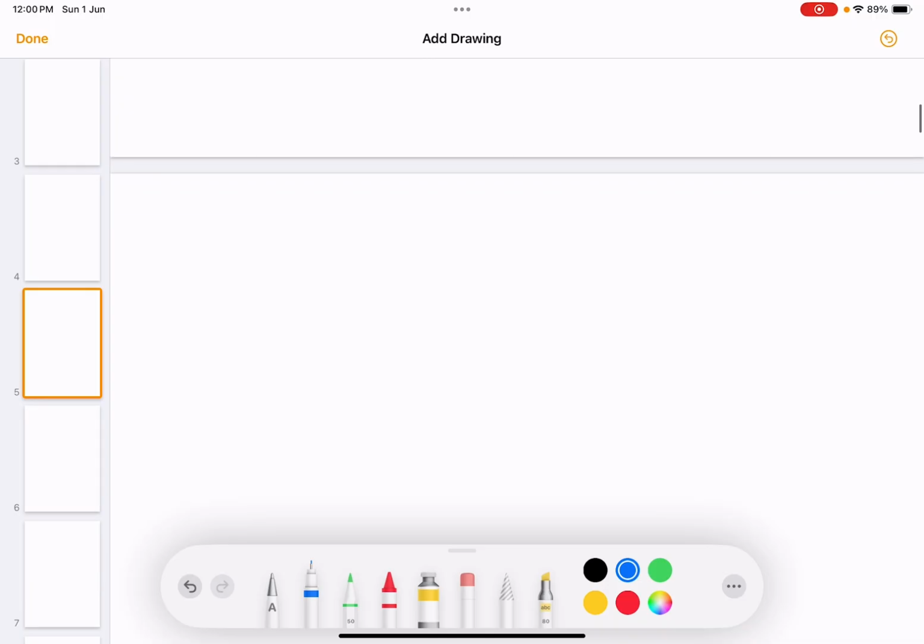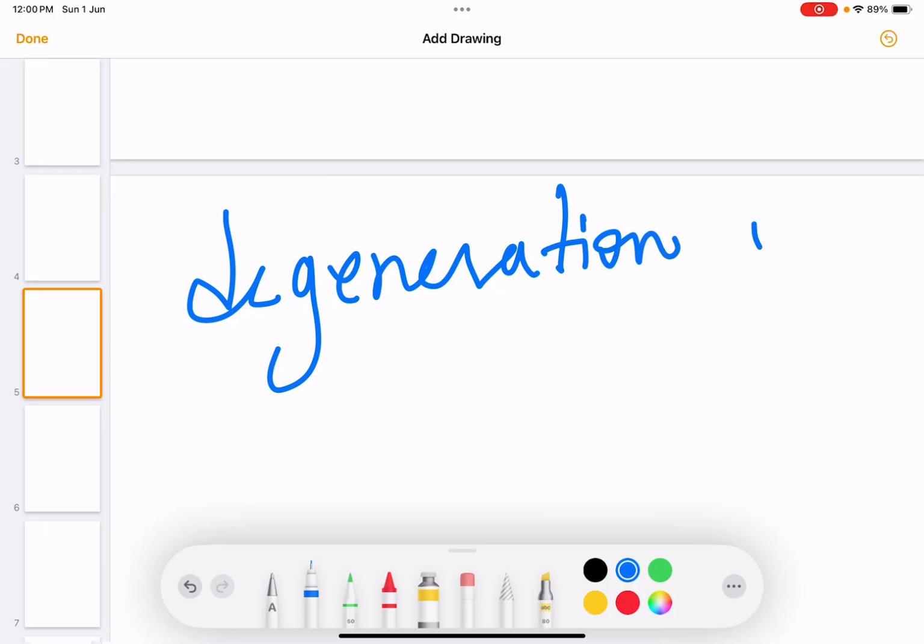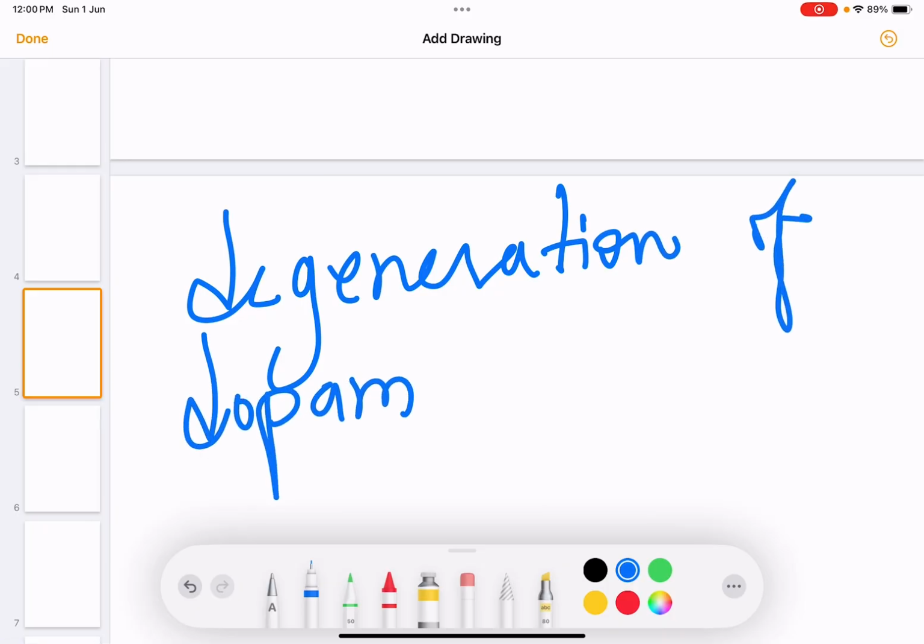Now what exactly happens? There is degeneration of dopaminergic neurons in substantia nigra pars compacta.